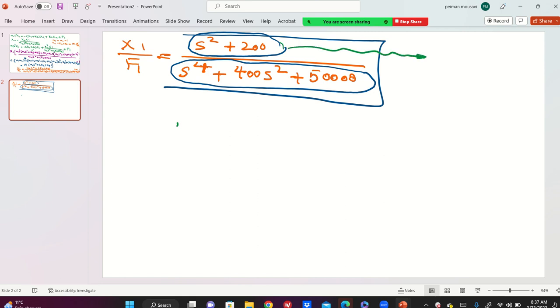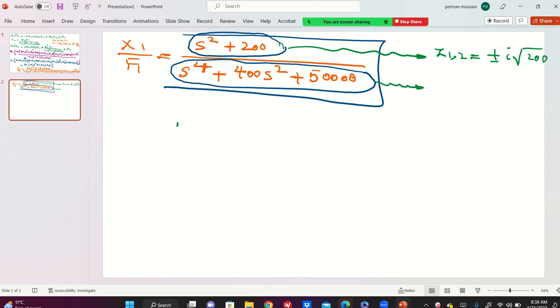Guys, Z1 and 2 gonna be plus minus I 200. Right, everyone? Yes? So how many poles does this have?